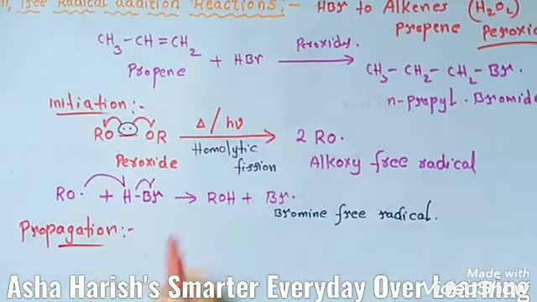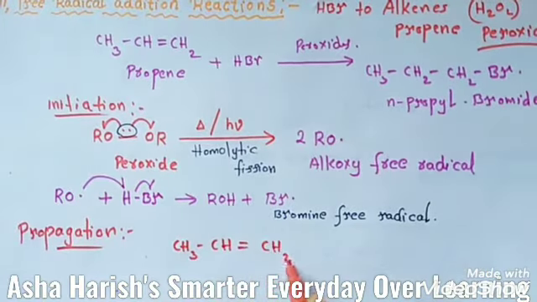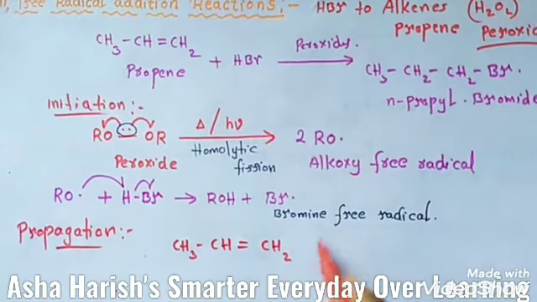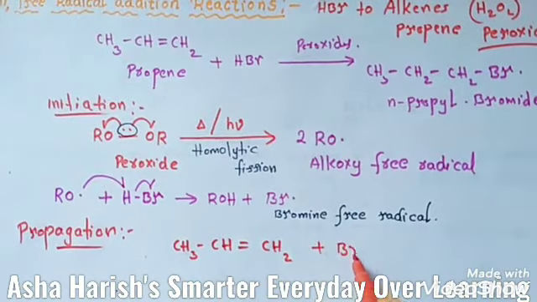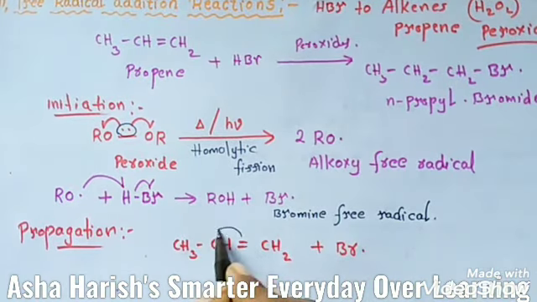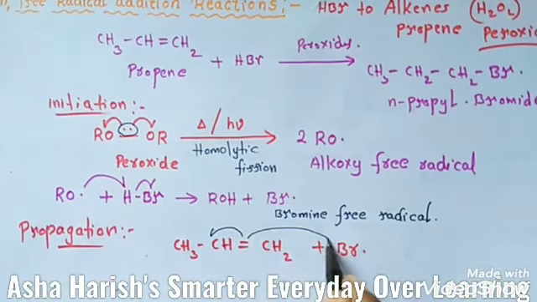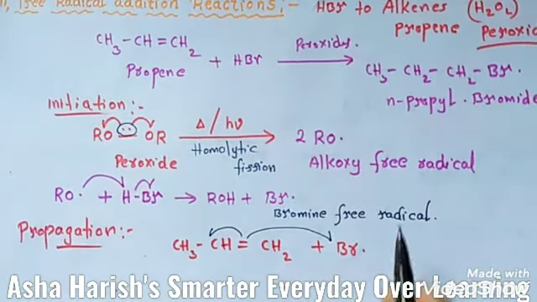In this propagation, if you take the example of CH3 CH double bond CH2, to this if you add Br, bromine free radical, now the shifting of the electrons is like this and here towards this bromine.